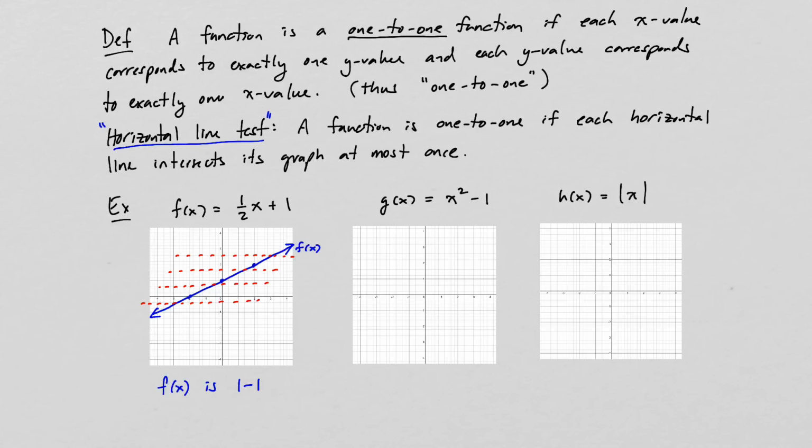Now, the next function, g of x, this one here, is x squared minus 1. This is a parabola. If you were to graph this parabola, and again, I'm going to skip the details here, you would get the following graph.